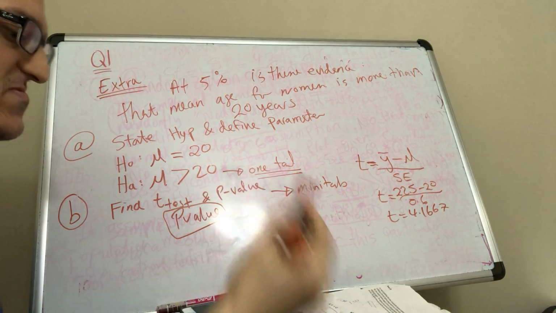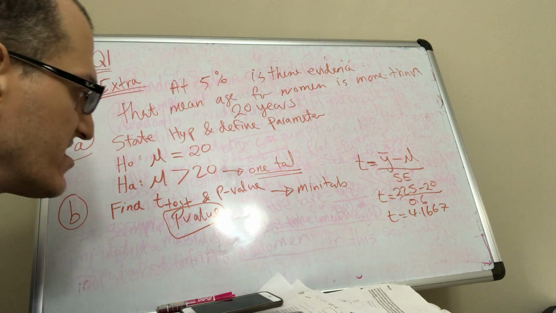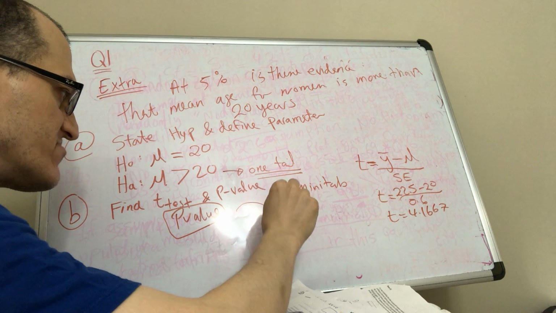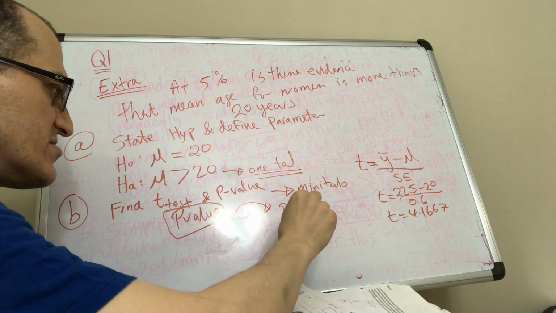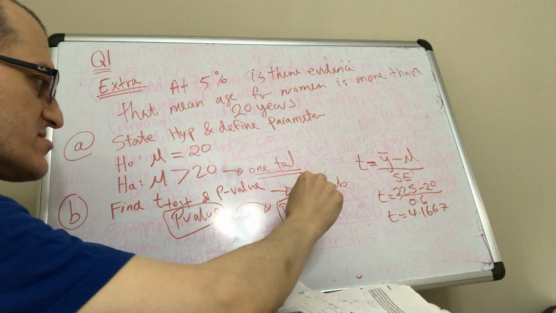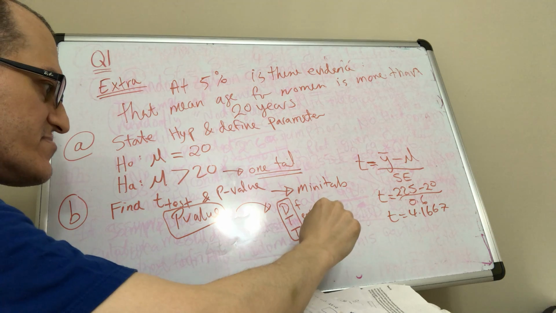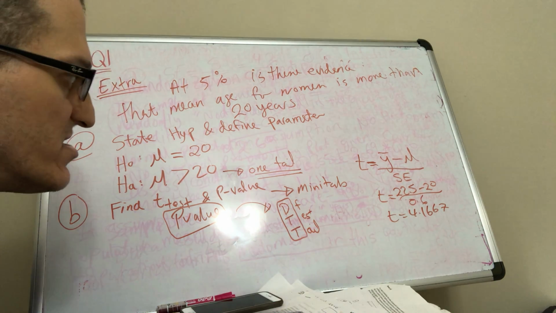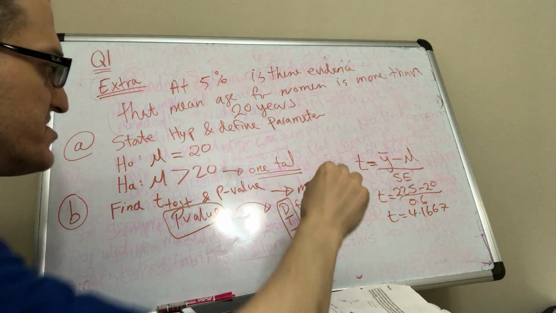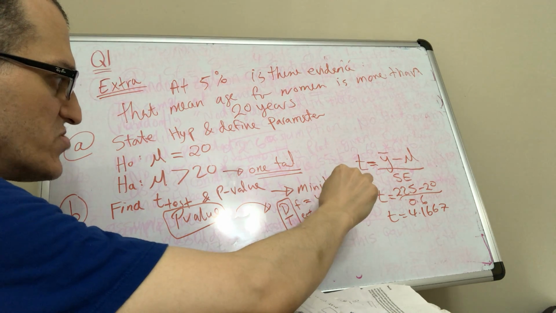And to get the p-value, we need to get it from the t-table. To get it from the t-table, you need to know DTT: degrees of freedom, test, tail. Degrees of freedom, we knew it's n minus 1, so it would be 48.